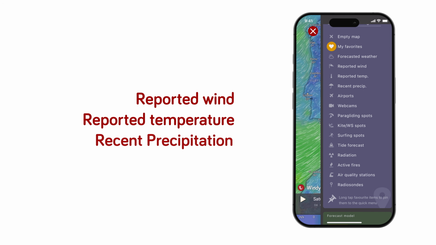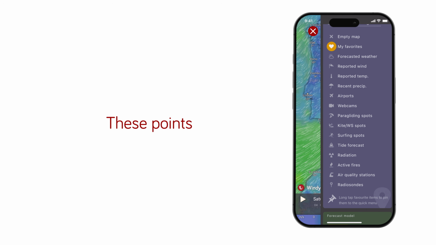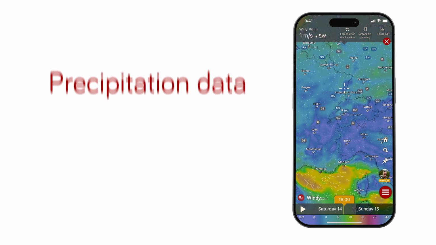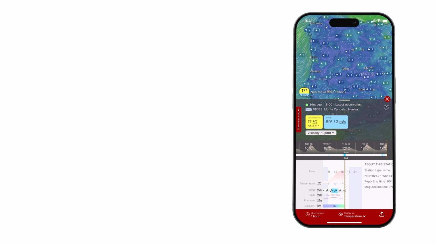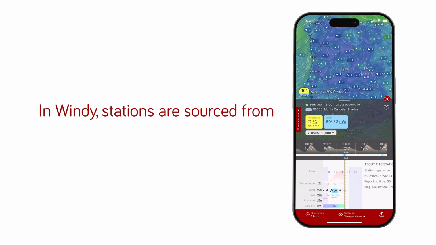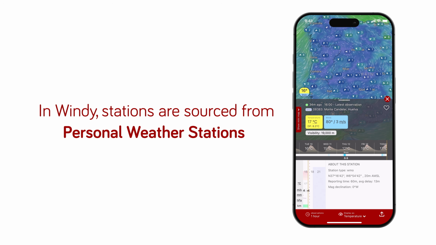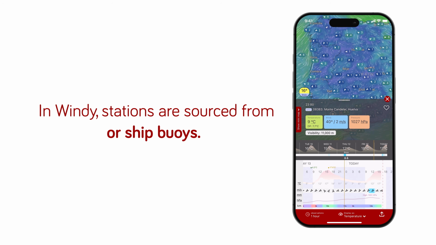Reported wind and temperature or recent precipitation. These points present current wind, temperature, and precipitation data for any selected station. In Windy, stations are sourced from airports, the World Meteorological Organization, personal weather stations, or ship buoys.